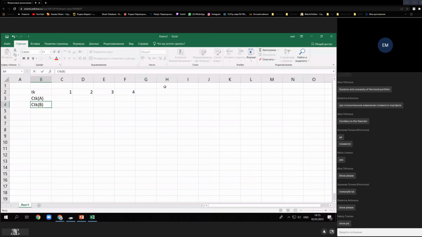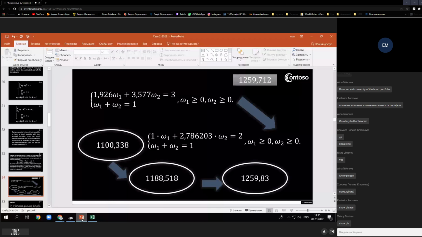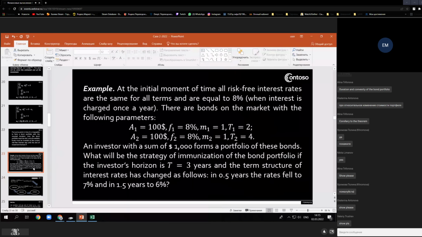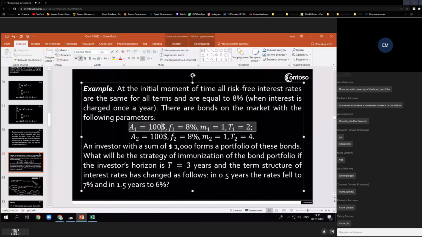One time per year, so M is 1. Okay. The coupon is equal to... I think it's better to take 1,000.